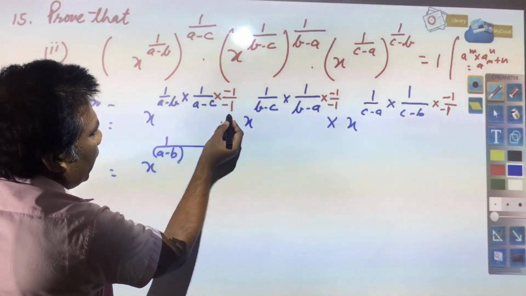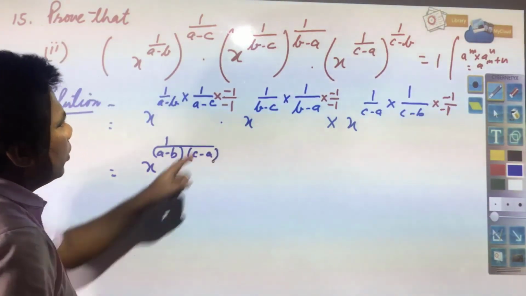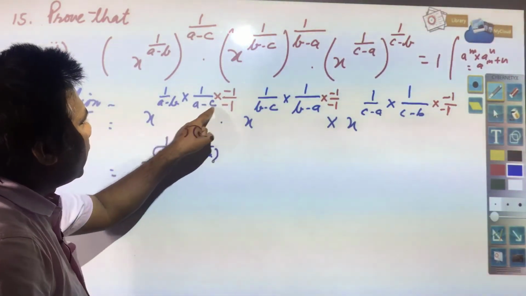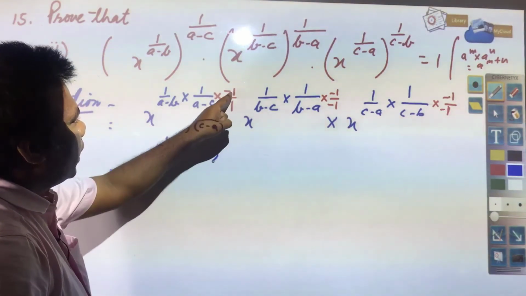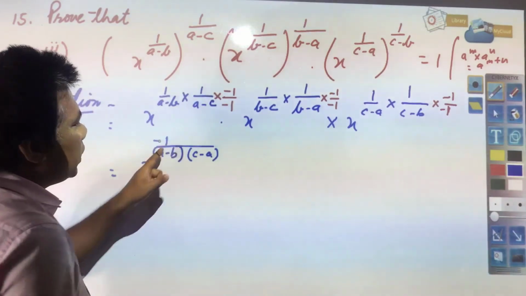If we are multiplying with minus 1, it will become c minus a. With minus 1 we have multiplied this and we have got c minus a. This minus 1 into 1 into 1, this will be minus 1.